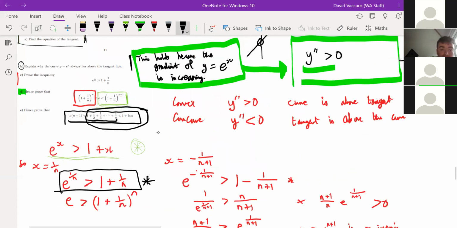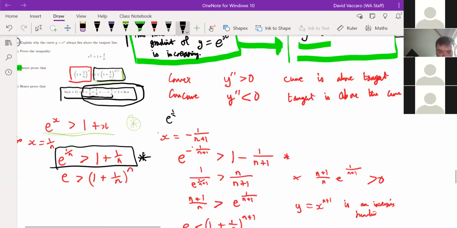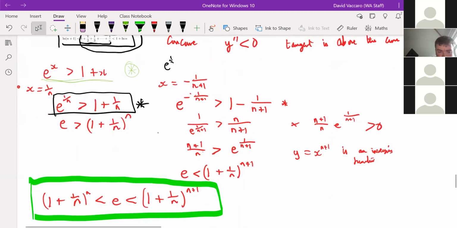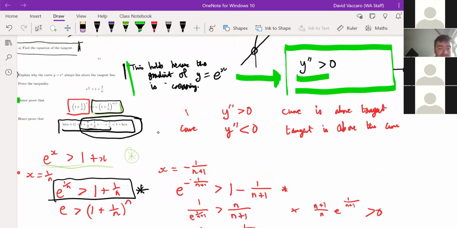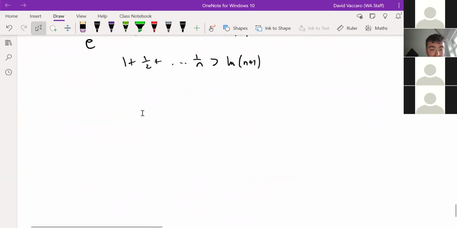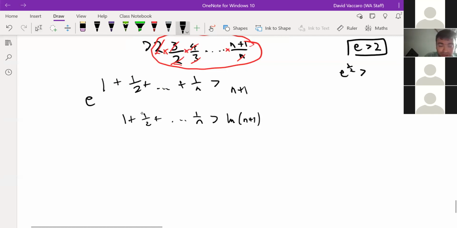Well, the other inequality will follow from the green inequality here, the e to the 1 over n. Yeah, the other inequality, and I'll leave that as an exercise. Okay, and so what we've kind of shown is this, and again, you will meet this again in the future.